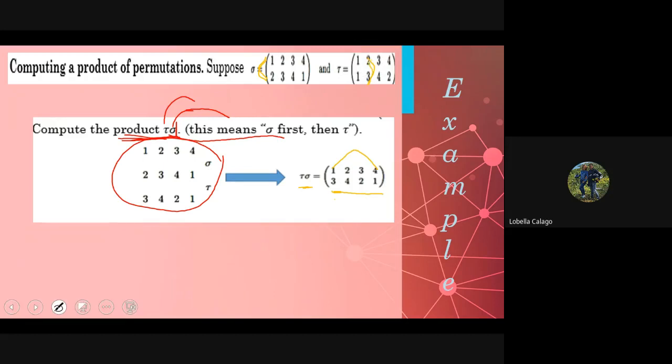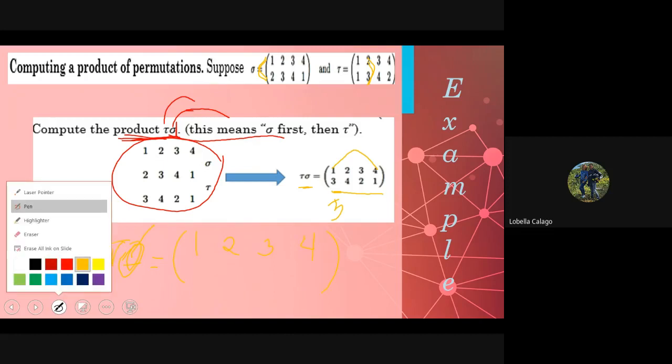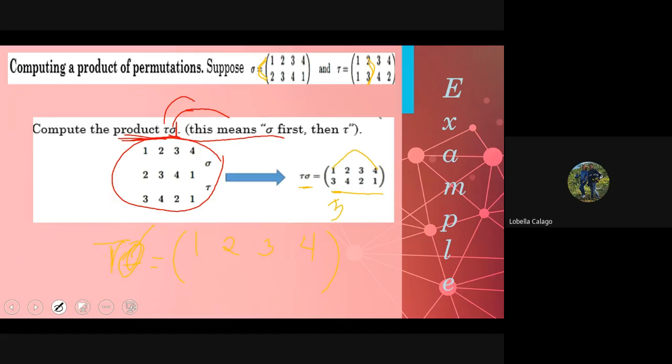Therefore, ilalagay natin si 3. Ganyan lang po yan. Sample, no? Lagay natin dito para makita nyo talaga. Sorry, ah. 1, 2, 3, 4. Hindi siya klaro. Wait lang, no? Yan, 1, 2, 3, 4. Since we have 4 elements.